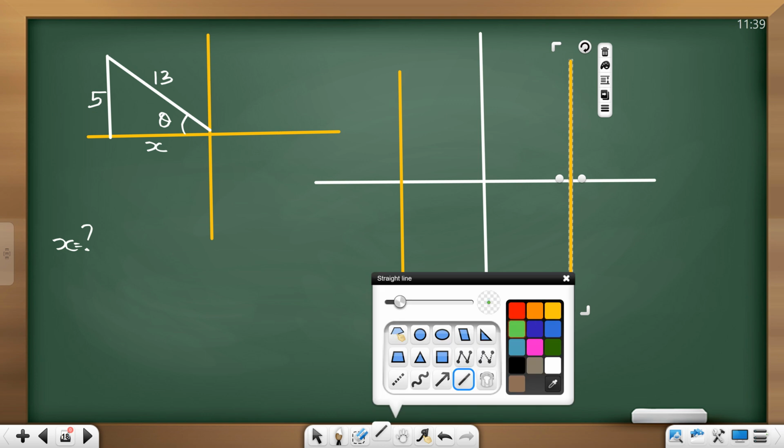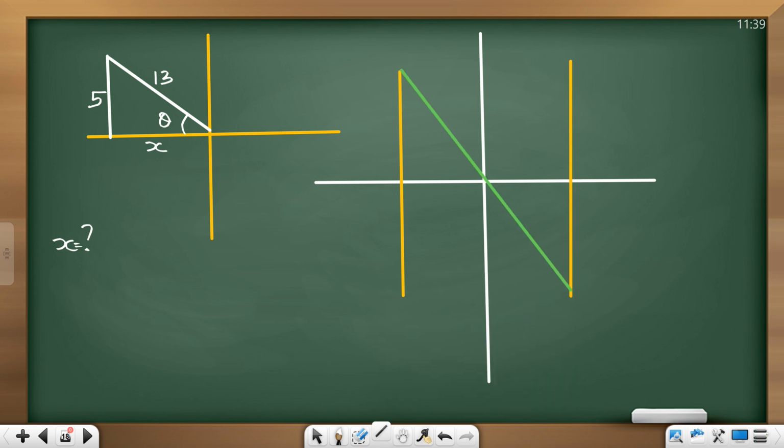Try again quickly. Let's put some colors. Don't forget this. Very key. This is R. R is always what? Positive.